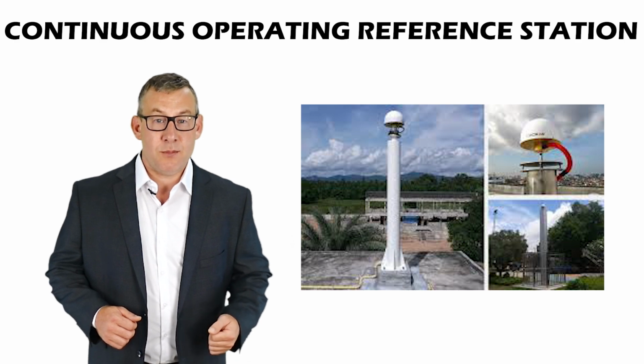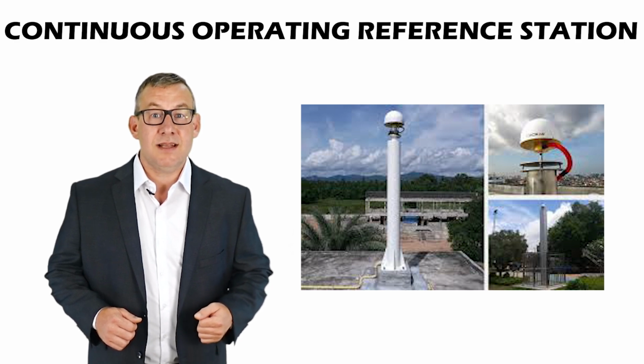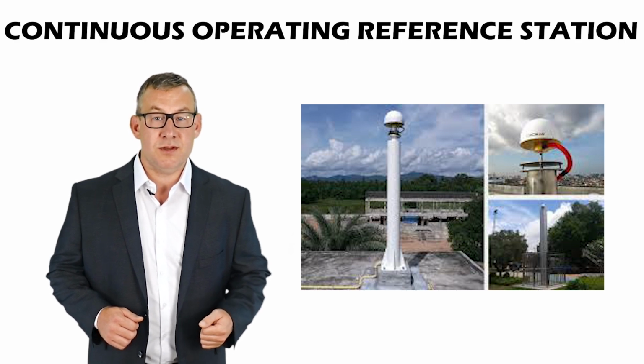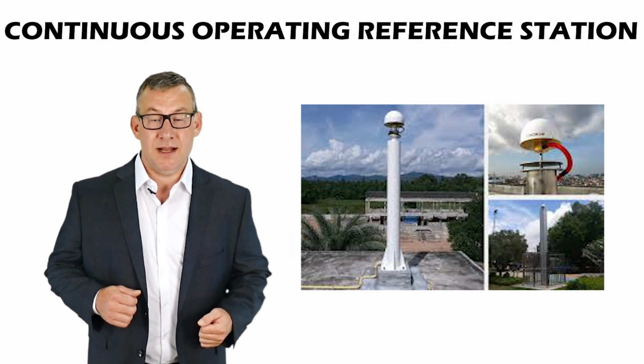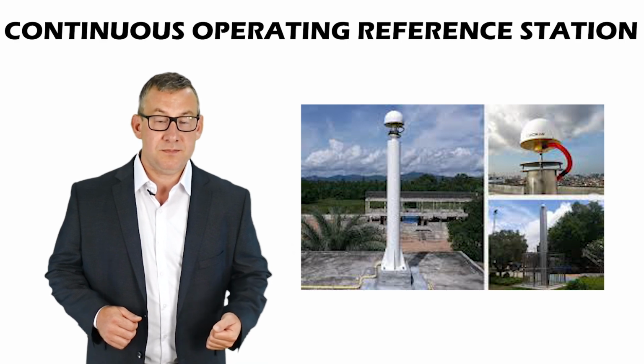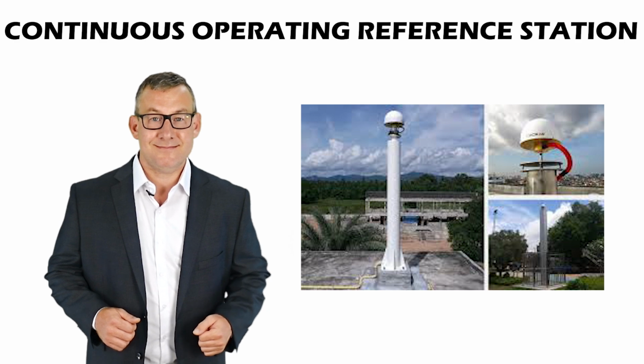A continuous operating reference station, or CORS. A continuous operation reference station is a GNSS reference station minimally composed of a GNSS antenna, a GNSS receiver, data storage, and power.